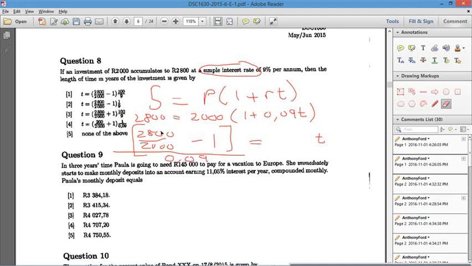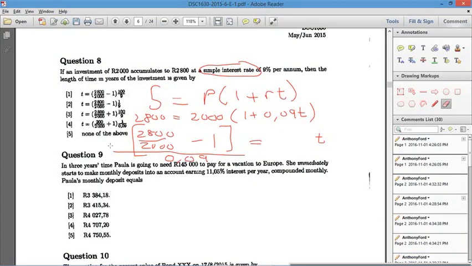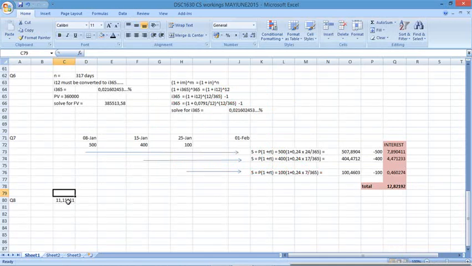0.09. Okay, 0.09 isn't there. So we need to work out what is 0.09. 100 divided by 9. Let me do it this way. 1 divided by 0.09 is what?